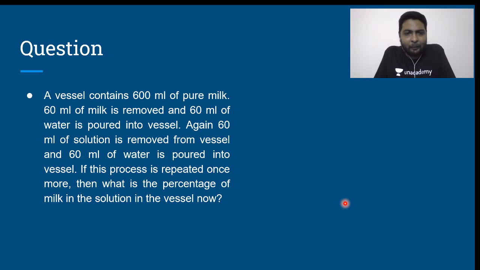The process is repeated once more. After this, what is the percentage of milk in the solution in the vessel now? You have maybe 40 seconds.